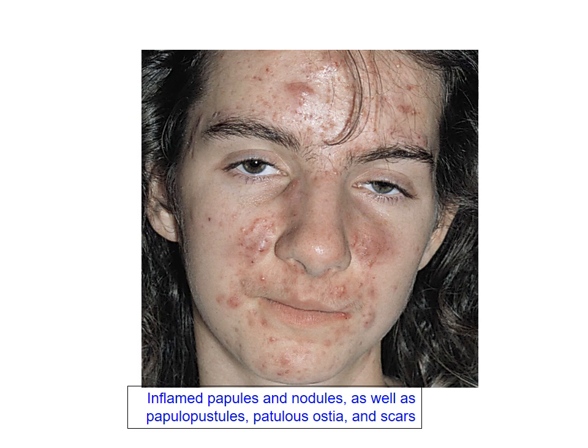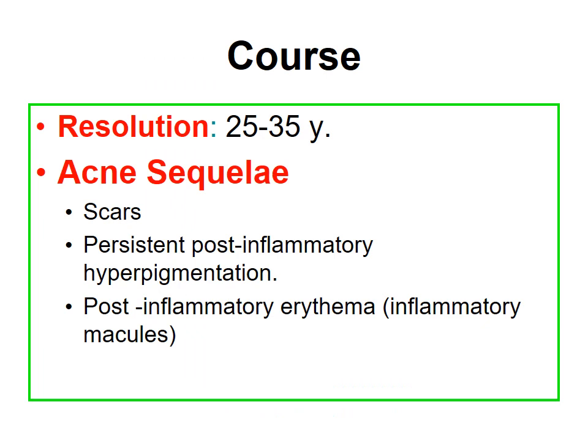As you see here, polymorphic lesions: comedones, papules, nodules, pustules. So this is a severe case of acne. Resolution usually at the age of 25 to 35.